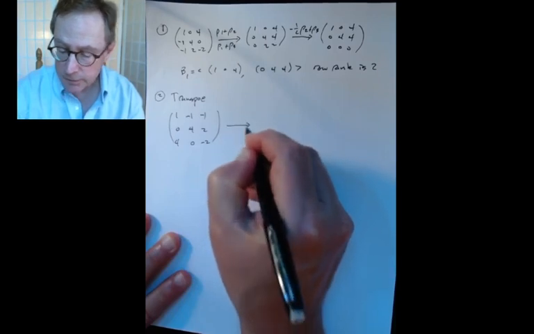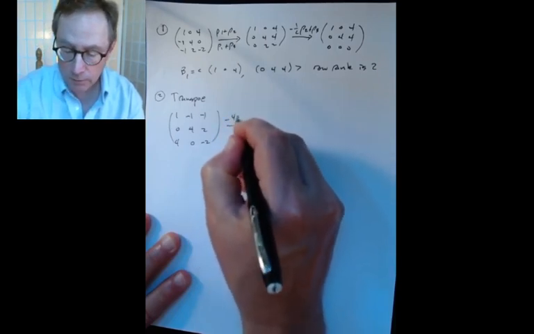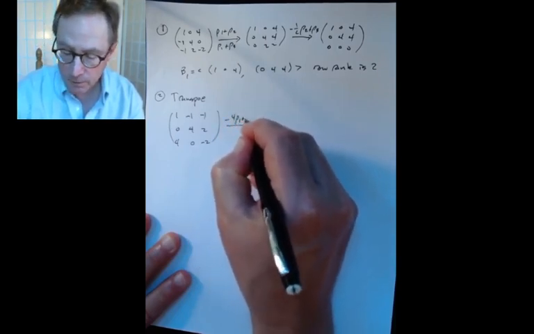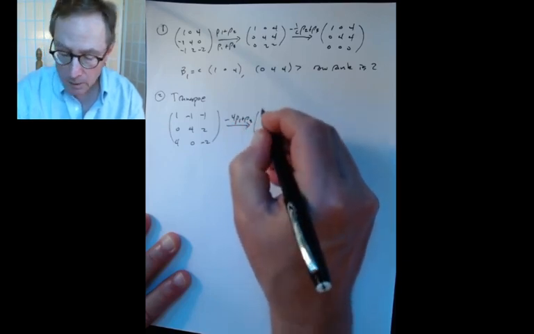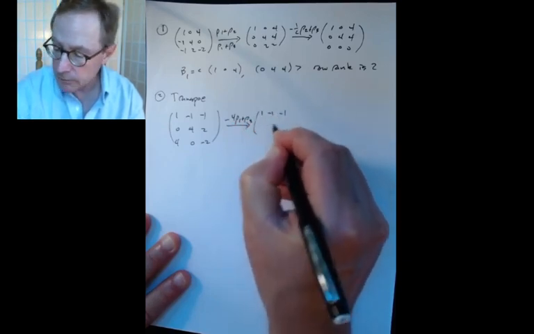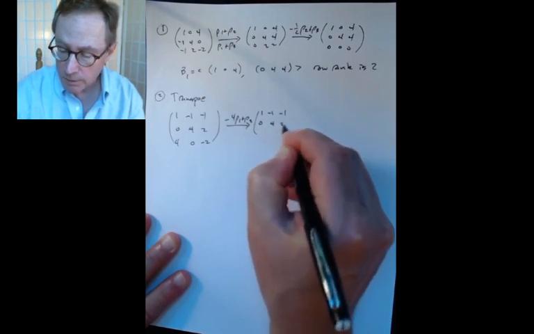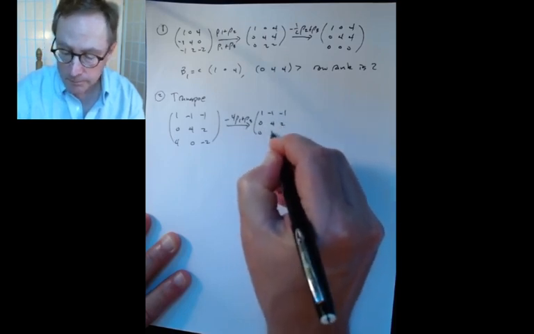Gauss's method proceeds in the usual way, minus 4 row 1 plus row 3, I'm sorry, excuse me, giving 1, minus 1, minus 1, 0, 4, 2, and 0, 4, 2.